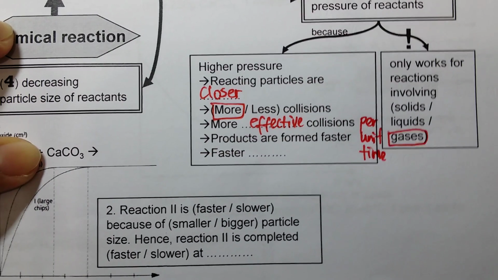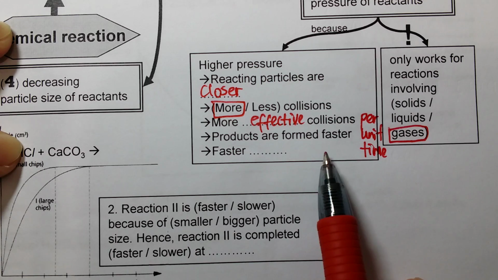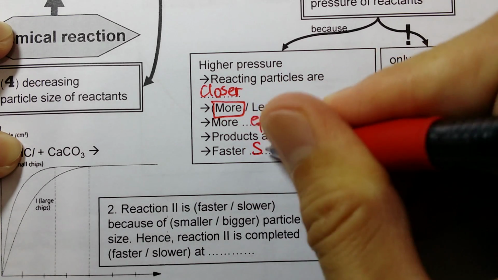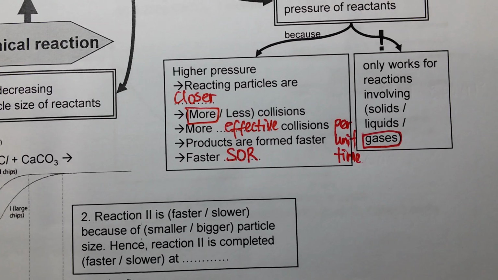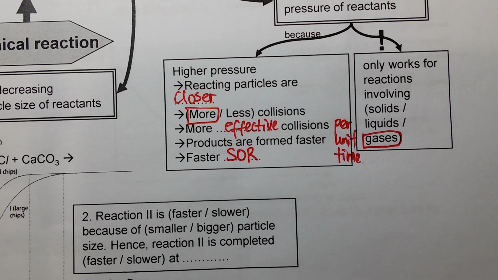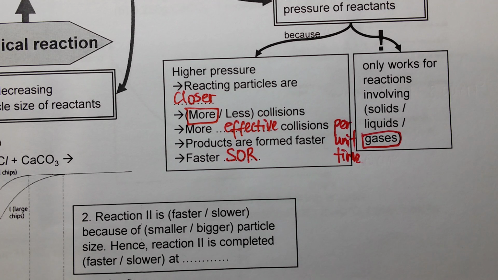When there are more effective collisions per unit time, the products are formed faster and the speed of reaction is faster. Remember, increasing the pressure of reactants to increase the speed of the reaction only works for reactions that involve gases, because pressure would have no effect on liquids and no effect on solids.